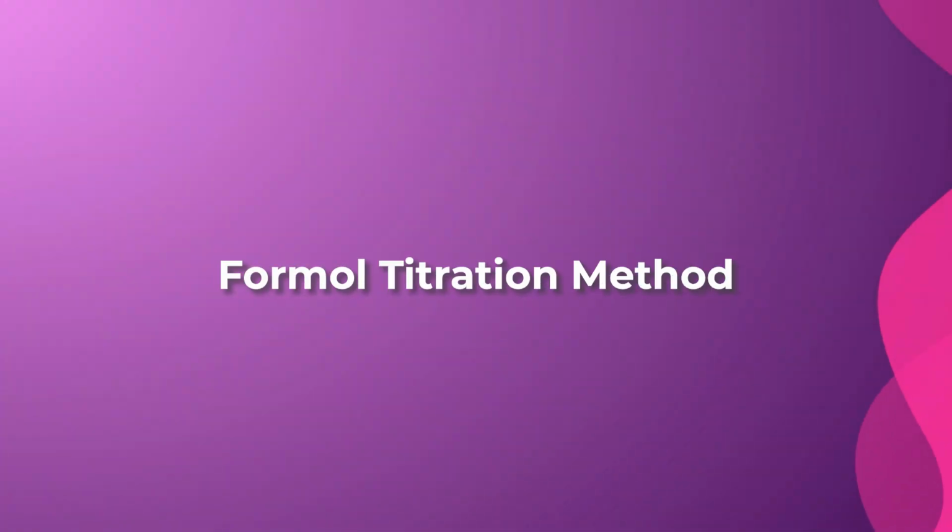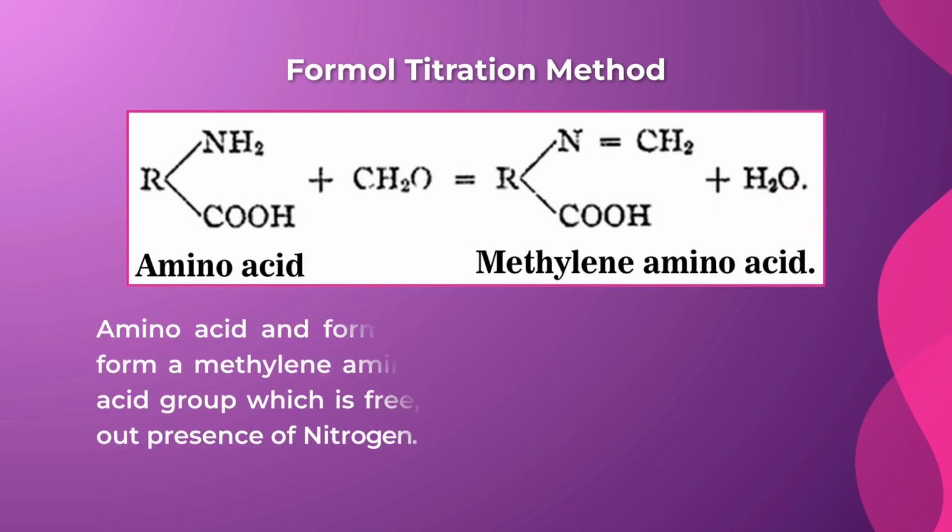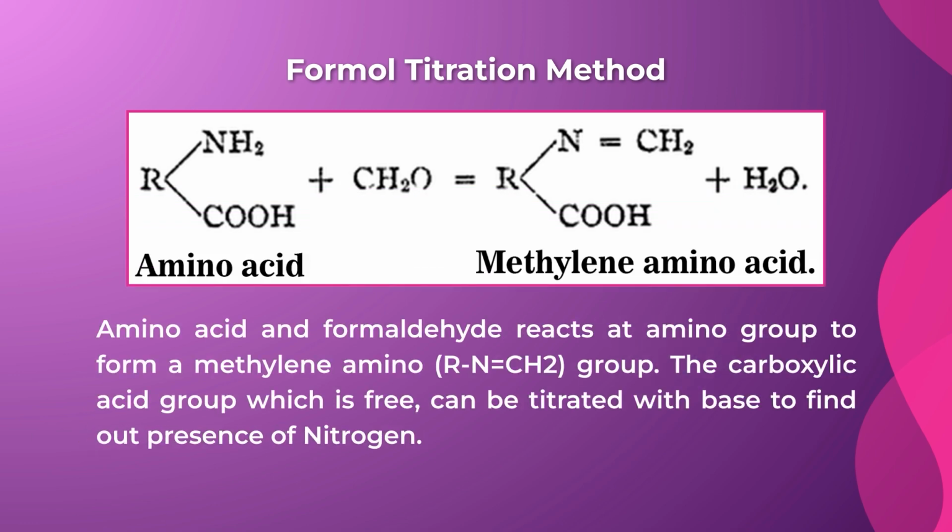Let us talk about the direct method. The first method in the direct is formol titration. It is based on the principle that the amino group in the presence of an aldehyde, formaldehyde, will form a complex called methylene amino acid. It's an adduct, methylene amino acid. So what is the unique feature of methylene amino acid?